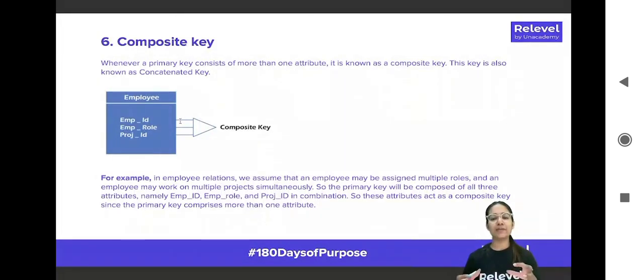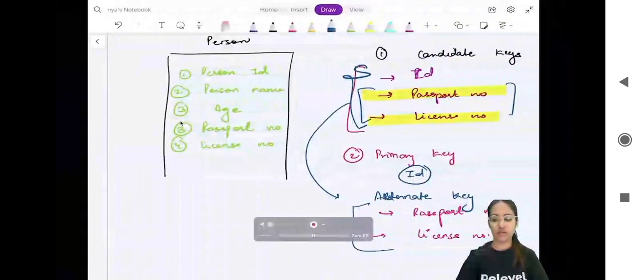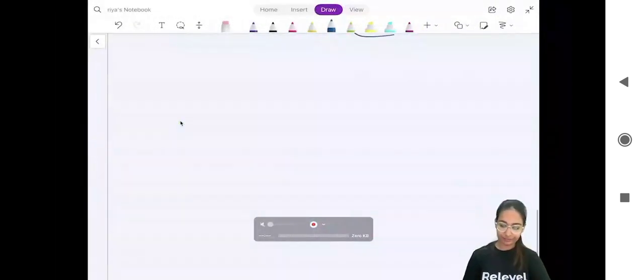These attributes act as a composite key since the primary key comprises more than one attribute. Now the idea is, let's say you want to identify a particular employee who works on a particular project and has a particular role assigned to him or her. Here, let me show you an example itself.